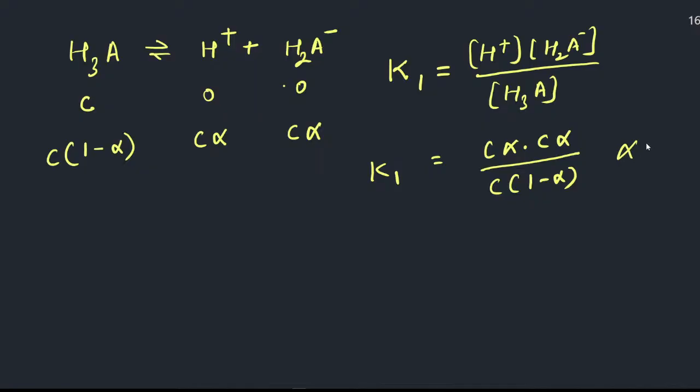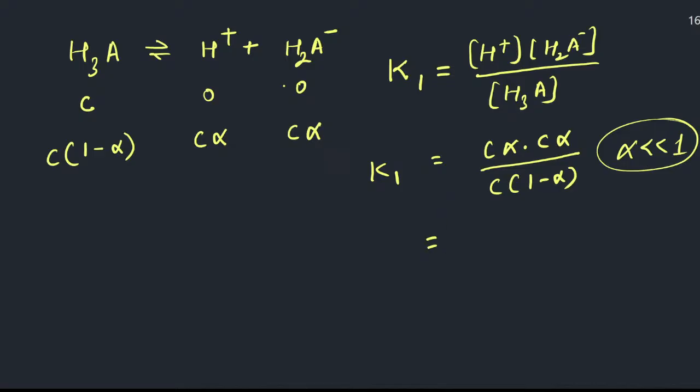And alpha is very much less than 1, the reason being the K1 value is 10 raised to power minus 4, that is less than 5%. For any value less than 5%, alpha is very much less than 1.